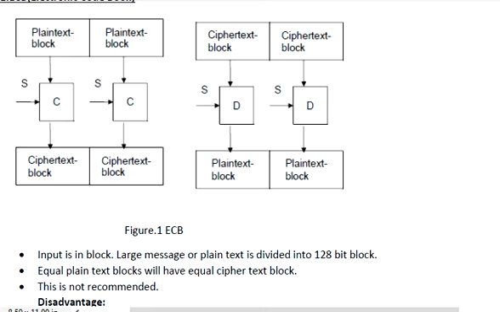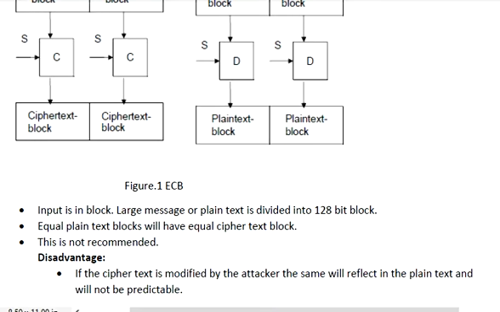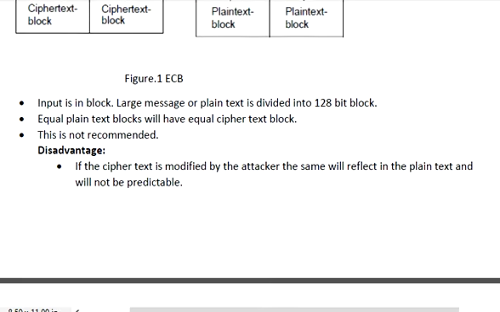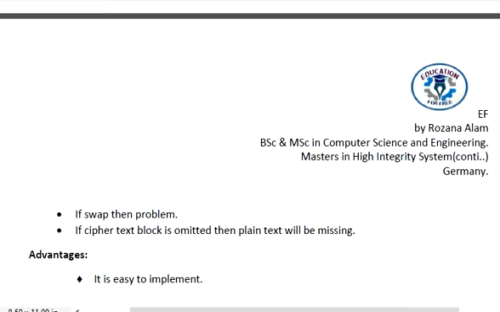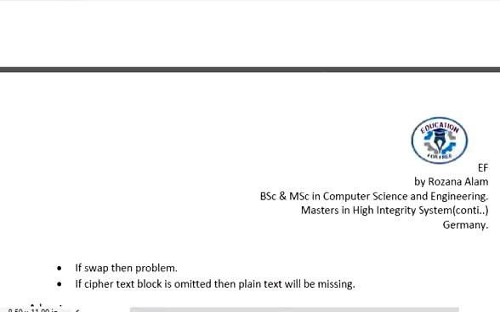It is not recommended because if any block of cipher text is modified or missing, then the effect will carry back to the plain text when we decrypt it, and the plain text will not be predictable. There are other disadvantages too.